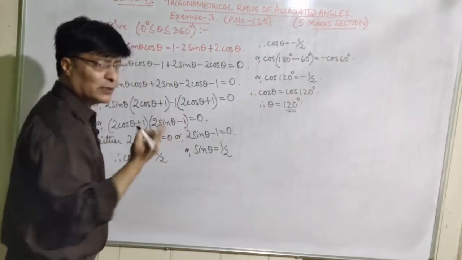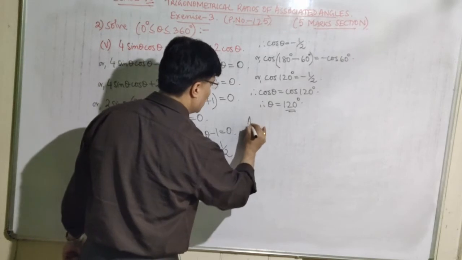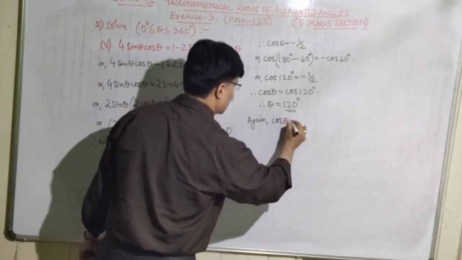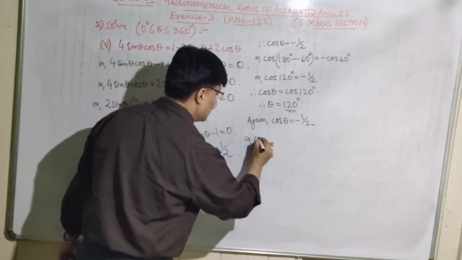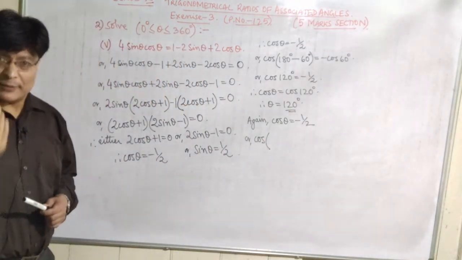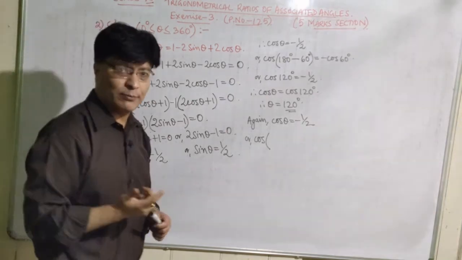Again cos theta is negative in the third quadrant. Now find out the value for theta in the third quadrant. Again cos theta is minus half. So now we have to find out the angle in the third quadrant. How can you write down the angle in the third quadrant? 180 plus theta. But you can't write 270 minus. 270 is an odd multiple, okay?